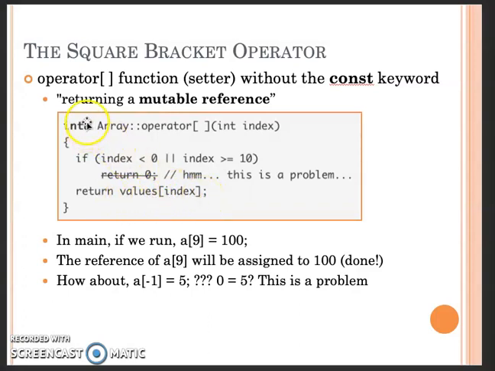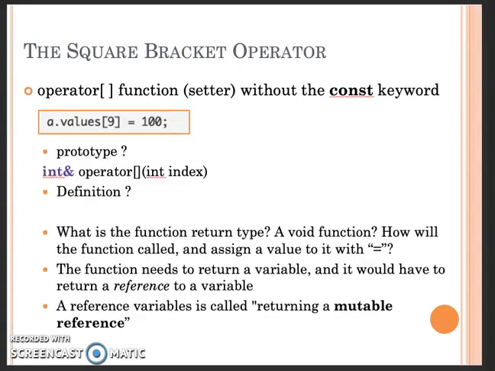You see here, if I don't have the reference keyword, the return type will become integer. So when you return a variable but the return type is int, that means they return by copy. They will only return the value. But no, here we don't return the value, because if you return the old value, for example 5, can I assign 100 to 5?